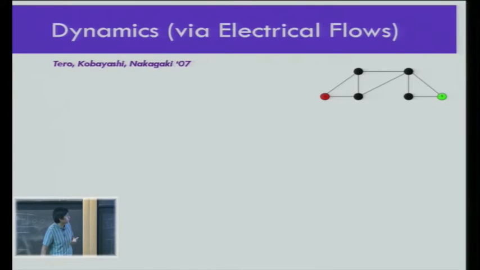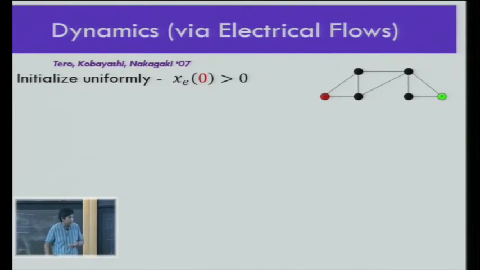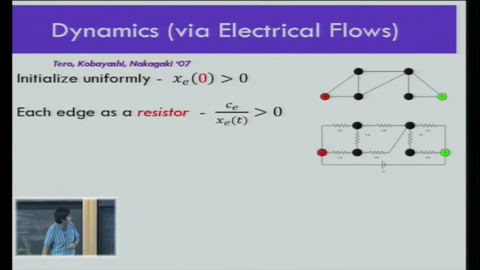So I'll use this moment to introduce it as electrical currents. So the dynamics that were proposed were the following. Associated to each edge in the graph, there was a quantity, which I will denote x sub e. And at time 0, this was set to be some positive quantity. So you can imagine putting this yellow slime mold on top of every edge in the graph. So that's what it means.